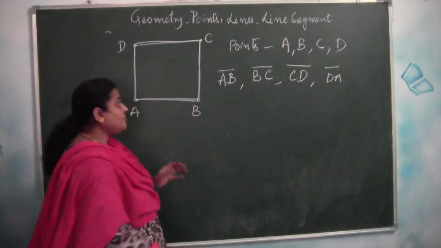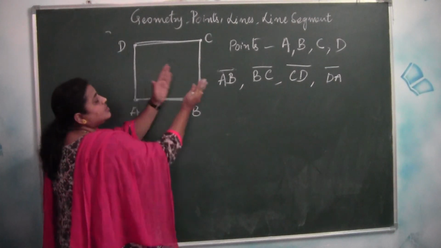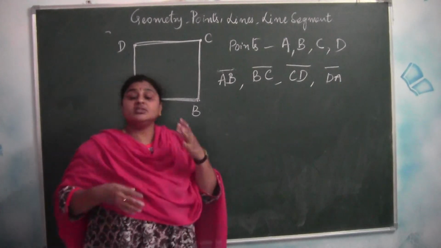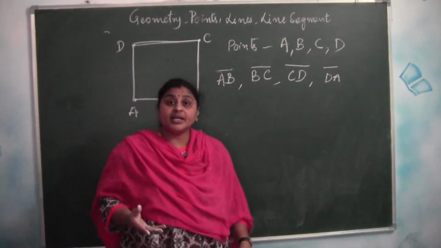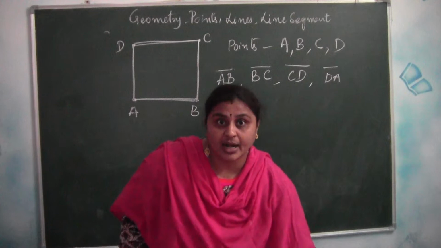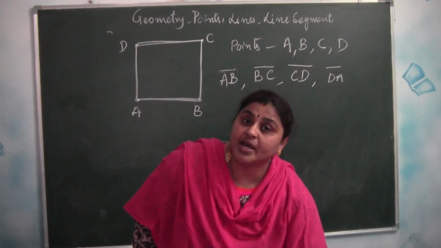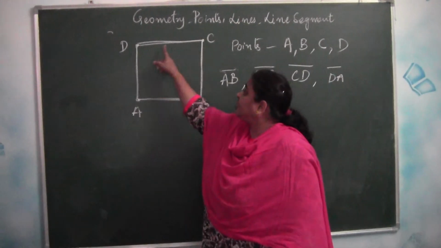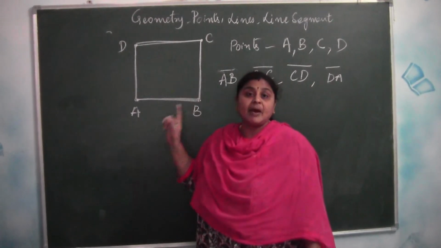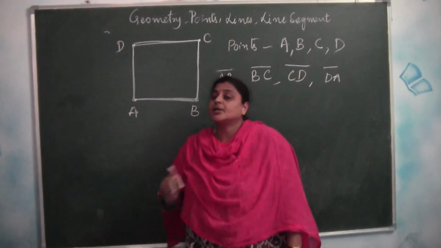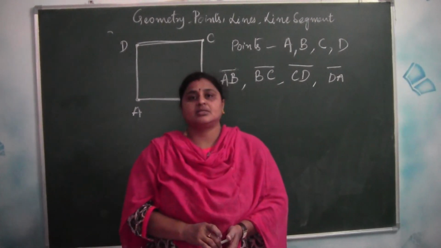Got it, children? So if we have a closed figure, this is how we can identify the points and the line segments. And remember one thing, children, all the closed figures are formed by line segments but not lines.